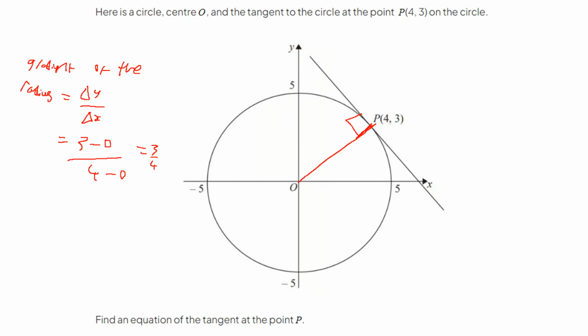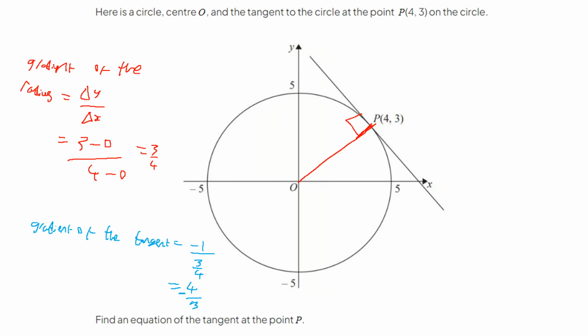So, now that we've established that this is a gradient of 3/4, what is the gradient of the perpendicular going to be? Exactly, it's going to be the negative reciprocal. So the gradient of the tangent is simply going to be equal to minus 1 over 3 over 4, which is simply equal to minus 4 over 3.